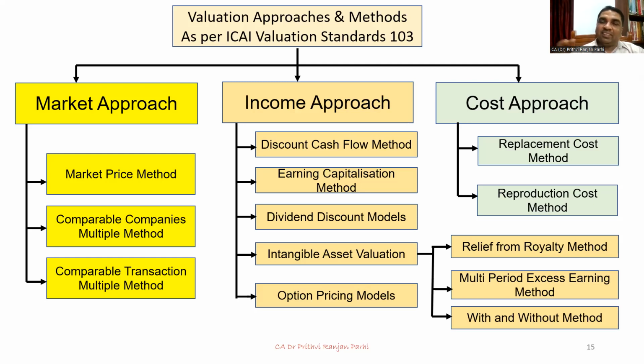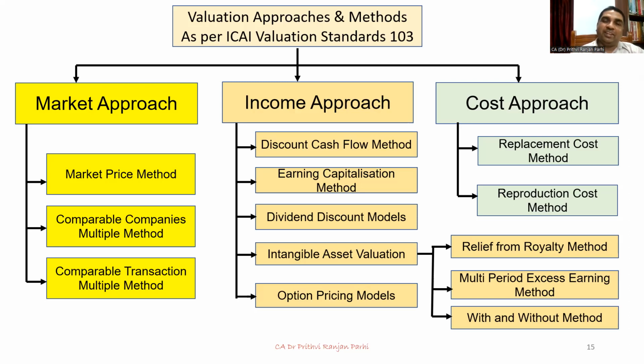Then by capitalizing that royalty, the value of that intangible asset is arrived at. Similarly, multi-period excess earning method, where the excess earning over a period is capitalized to arrive at the value of the intangible asset. With and without method, the value of the business with the intangible asset is arrived at, and the value of the business without the intangible asset is arrived at. The difference is considered as the value of the intangible asset.